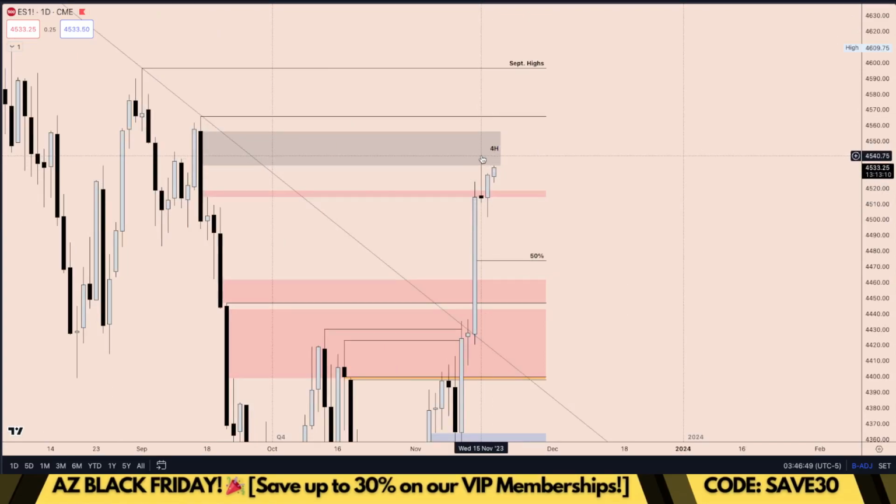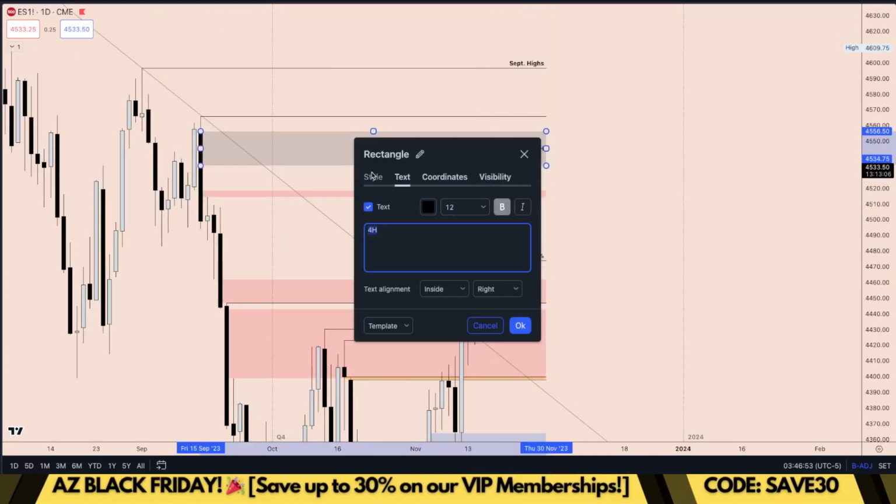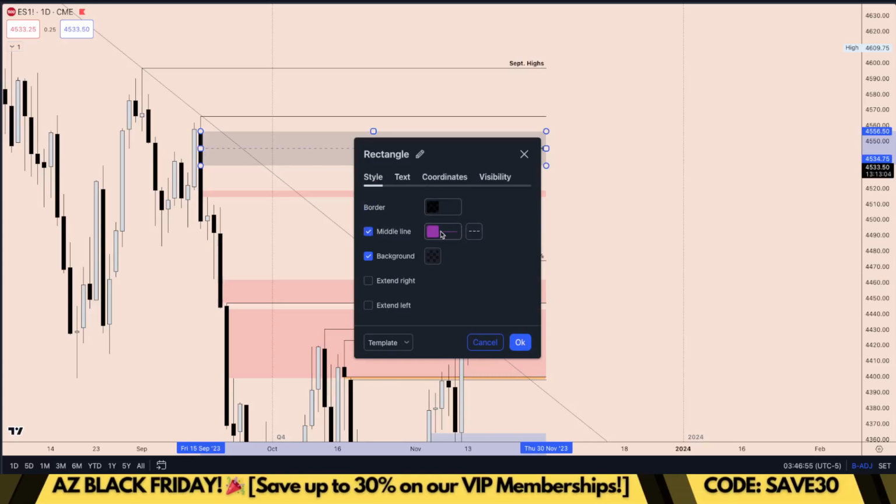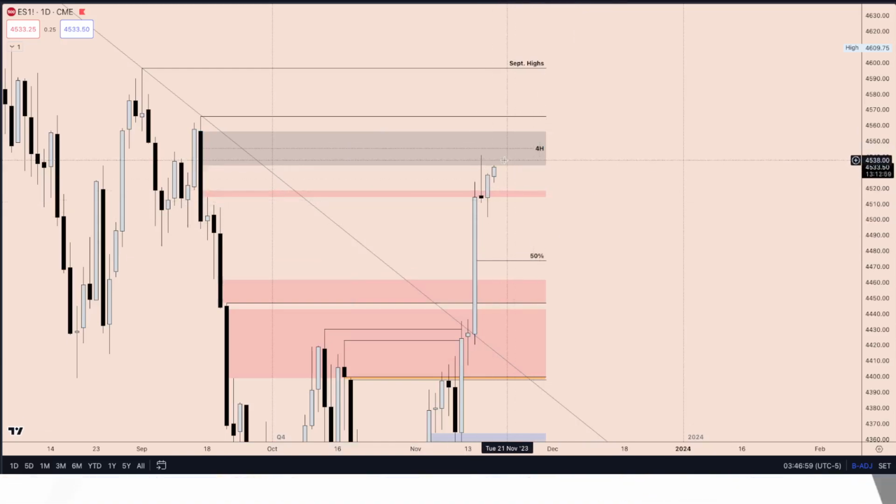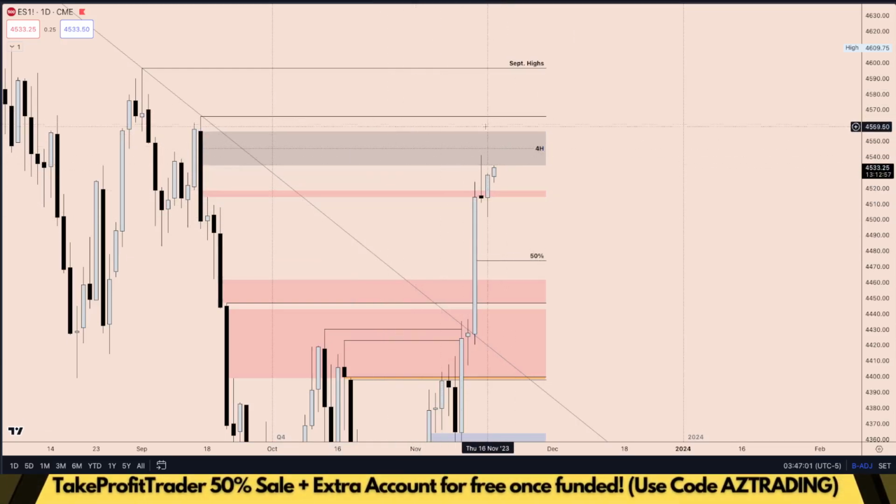Understanding that the next buy side comes in right here inside this 4-hour bearish. We can look at the consequent encroachment, the middle line, and see what happens around this area. Maybe a potential pullback to continue up higher, but the overall draw is 4566 and 4541.75.